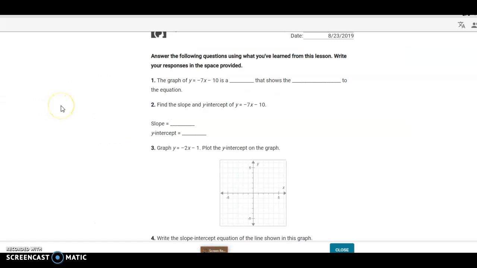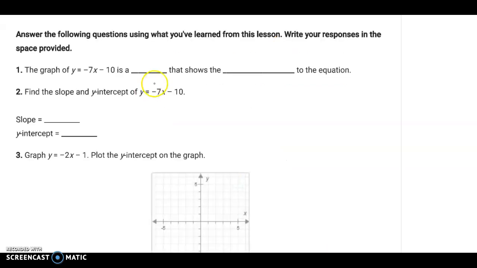So let's go ahead and look at other things they're talking about here. From the practice questions, what they want you to see is the graph of -7x minus 10 is a line that shows the slope and y-intercept to the equation.